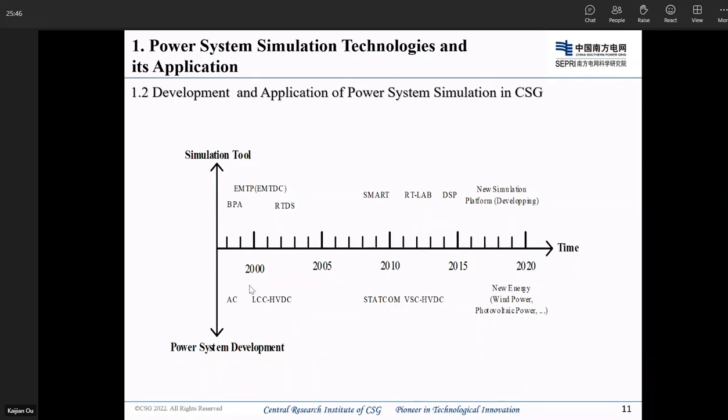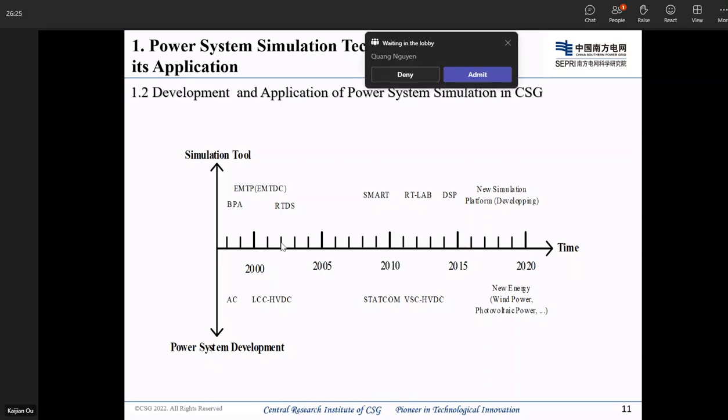But after 2000, we had LCC HVDC. So we introduced EMTDC or PSCAD, EMTP or PSCAD, to study the power system. We also introduced RTDS, the real-time digital simulator, to study LCC HVDC, in about 2004, when LCC HVDC was put into operation.